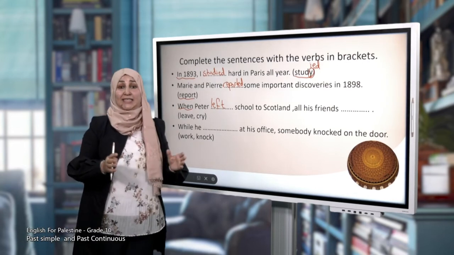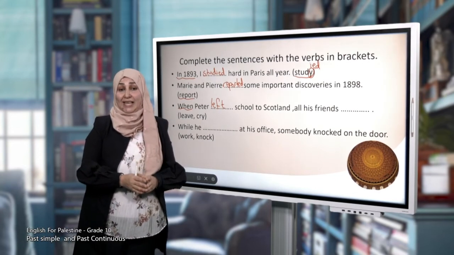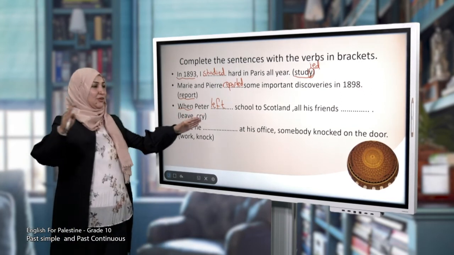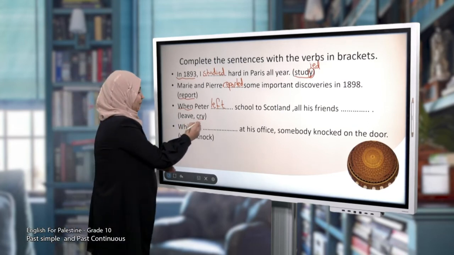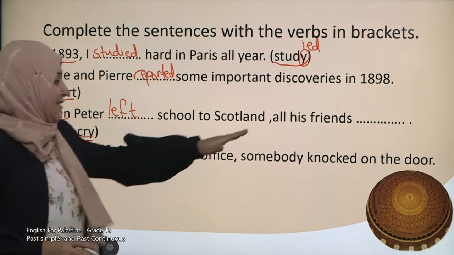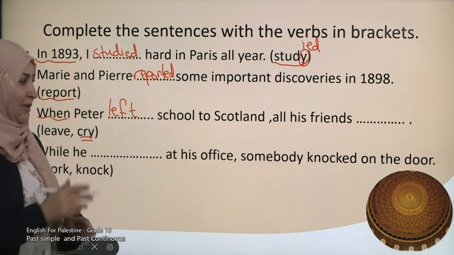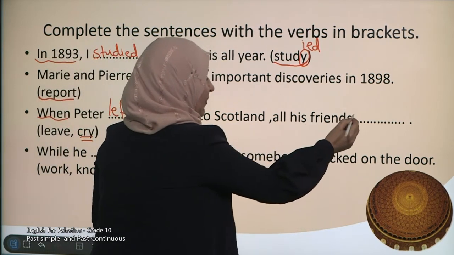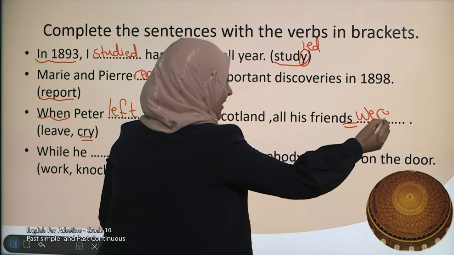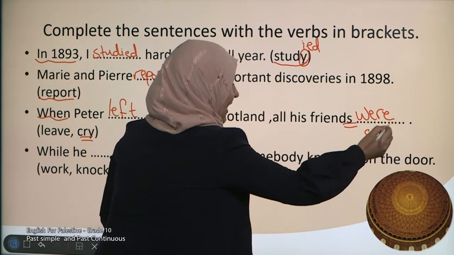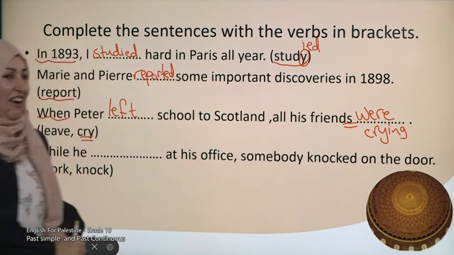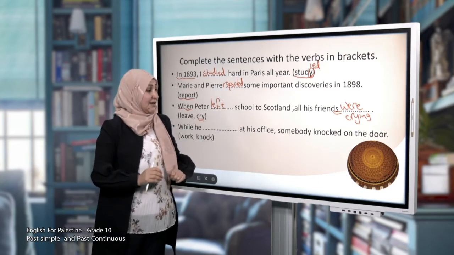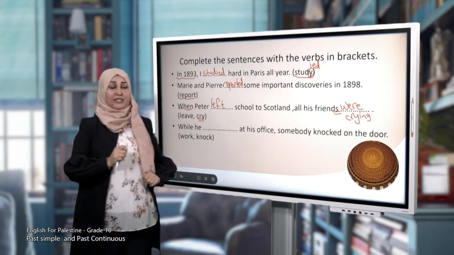And the second action with when is with past continuous. So the verb for all his friends: in past continuous, friends is plural, so the verb will be were, and crying, we add ing.